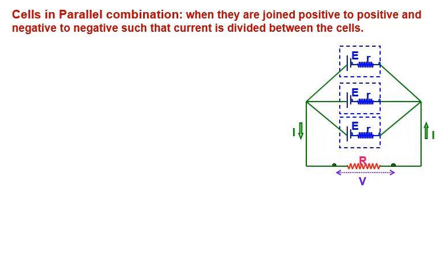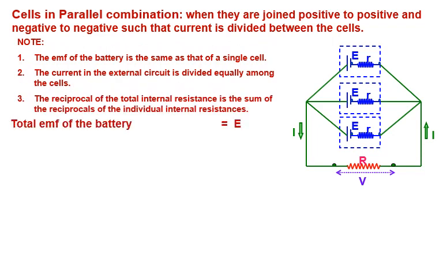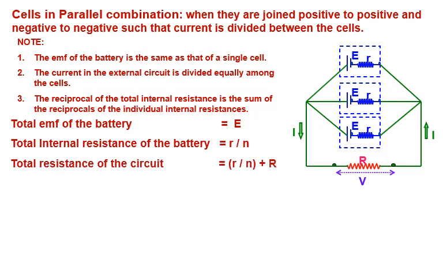Let's generalize the formula for cells in parallel combination. In the diagram, there are three cells of the same EMF E and internal resistance small r connected in parallel combination, and as calculated, the total EMF of the battery will be E, the internal resistance will be r by n, and the total resistance of the circuit will be r by n plus capital R, because this is in series combination with the total circuit.